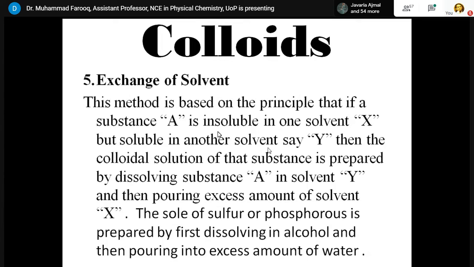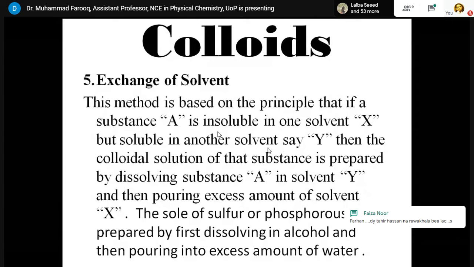We just change the solvent. If a substance is soluble in one solvent, we prepare the solution and then pour it into the solvent in which the same substance is not soluble. So we come up with the colloids.